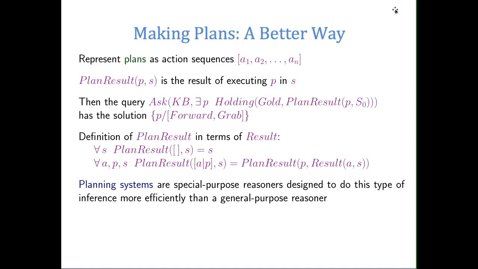So we can define plan result in terms of result. For all situations S, plan result of the empty list and S is S. In other words, that's where we're starting.